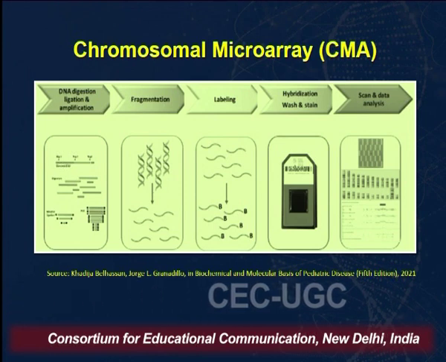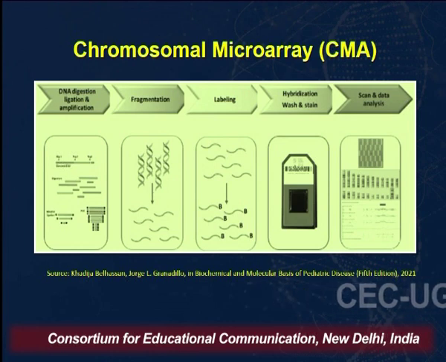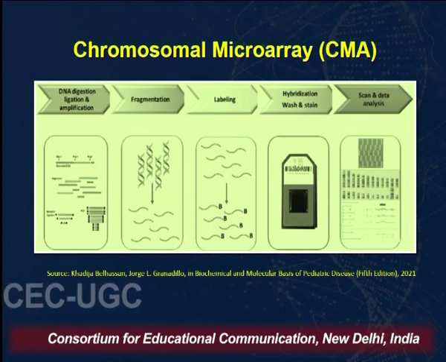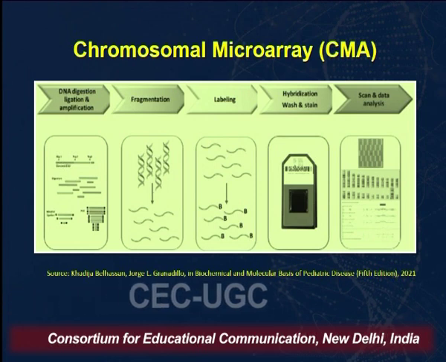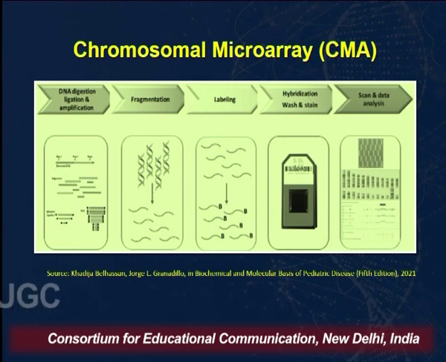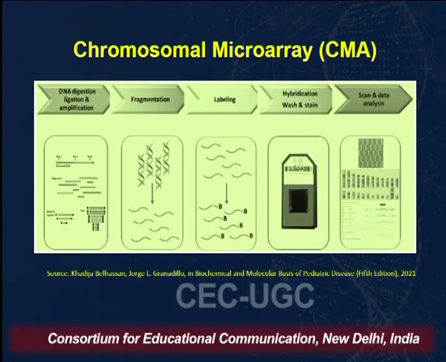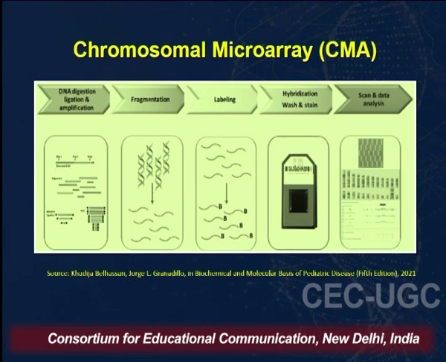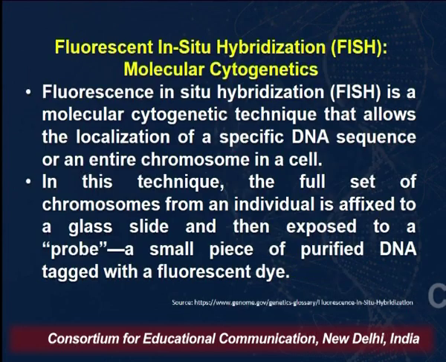Then these microarray plates are inserted into specialized machines which analyze the images of the fluorescent labeled probes, and they give the exact location, in which chromosome and which part of the chromosome the structural or numerical aberration has occurred or not.